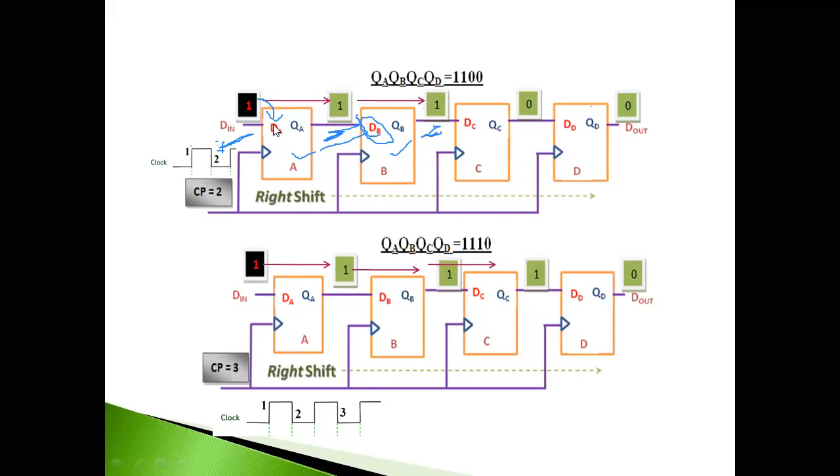You can see QA input is taken to QB and given as the output of the B flip-flop, so QB has become 1 now. Next, you can see how this movement happened. You can see the animation here. D in is becoming 1. Now next, let us clear this.